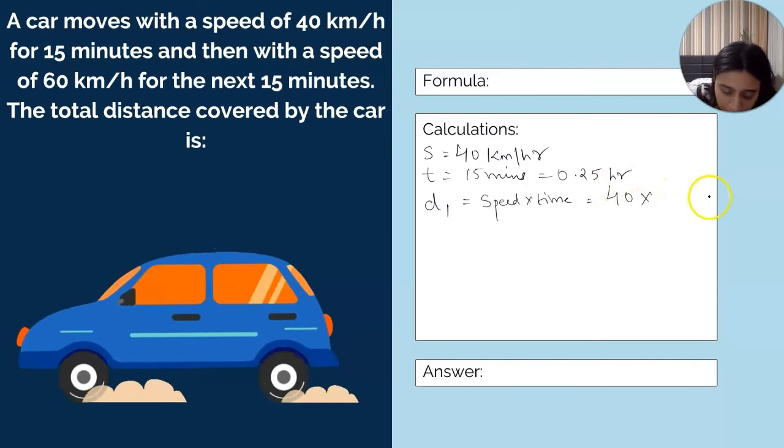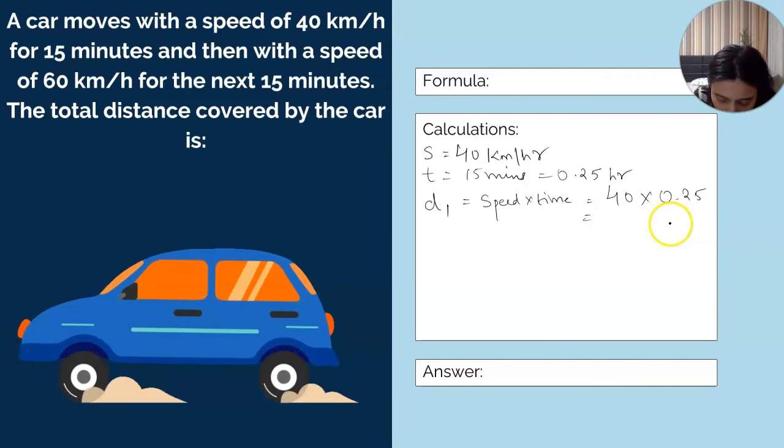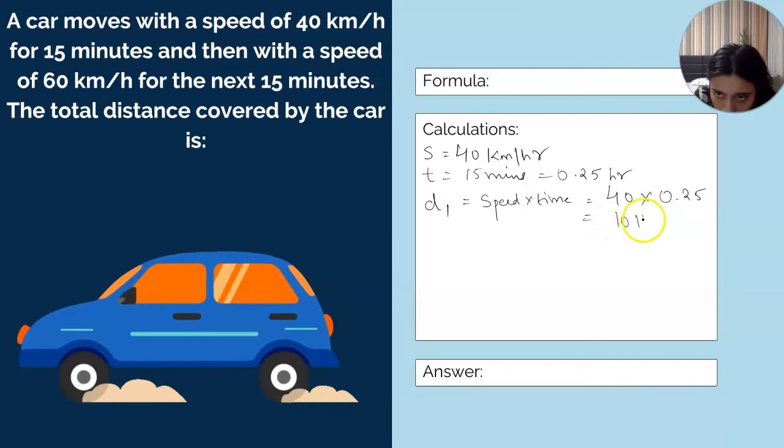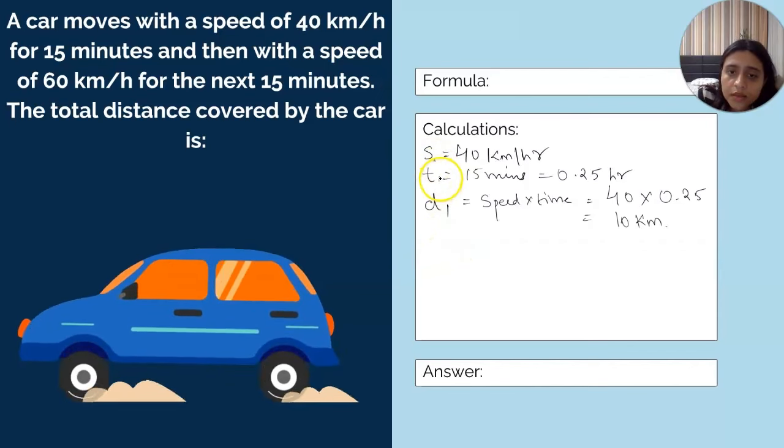0.25 hour, right? So you need to multiply this and you will get the answer, which is 10 kilometers. All right, and now in the case 2 or for D2, this one is S1, this one is T1.